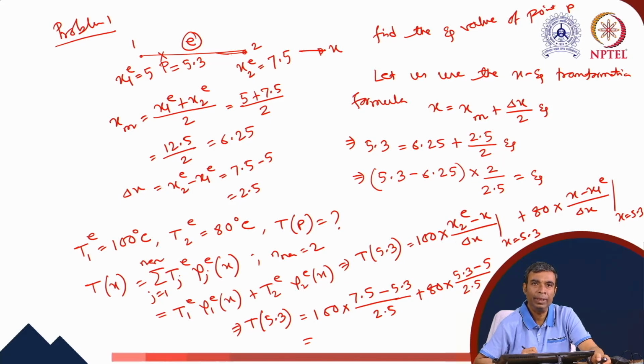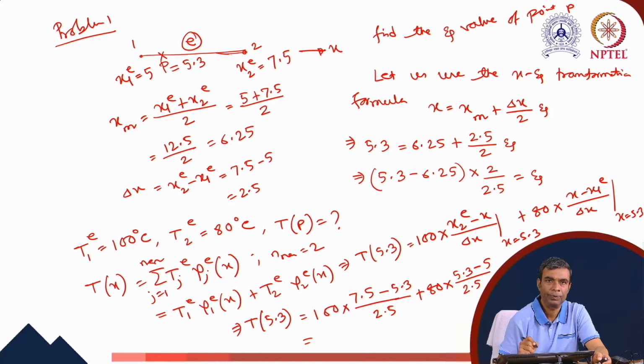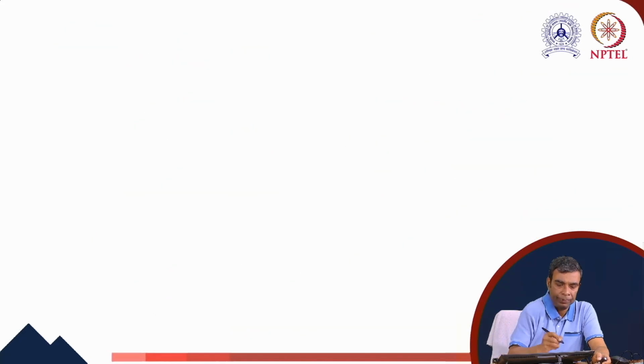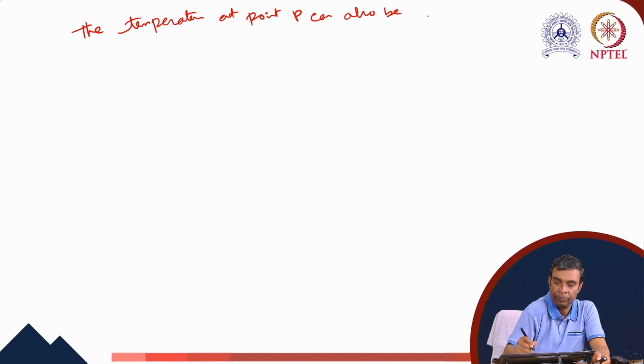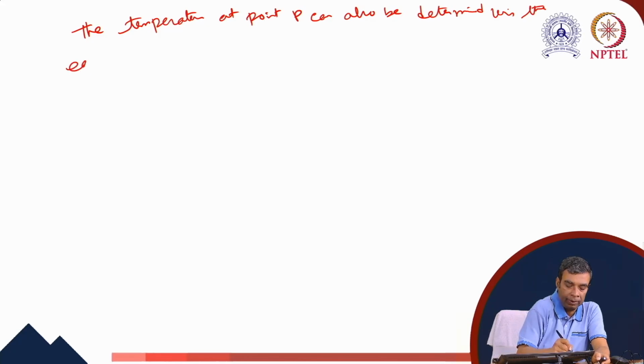Now, using the equation of a straight line, without using the shape function also, this temperature can be found out. So, using the global coordinate system, the temperature at point P can also be determined using the equation of a straight line.